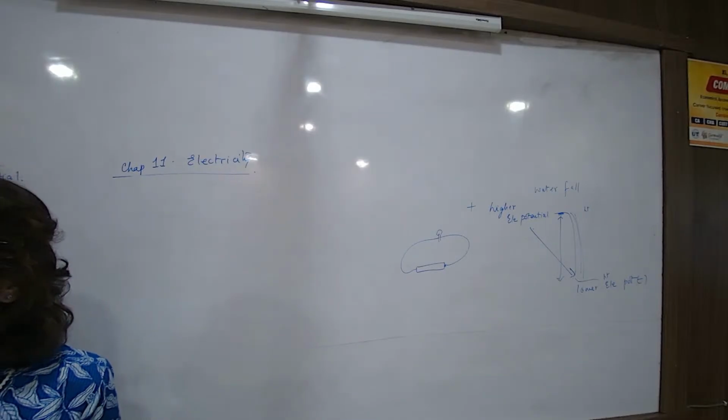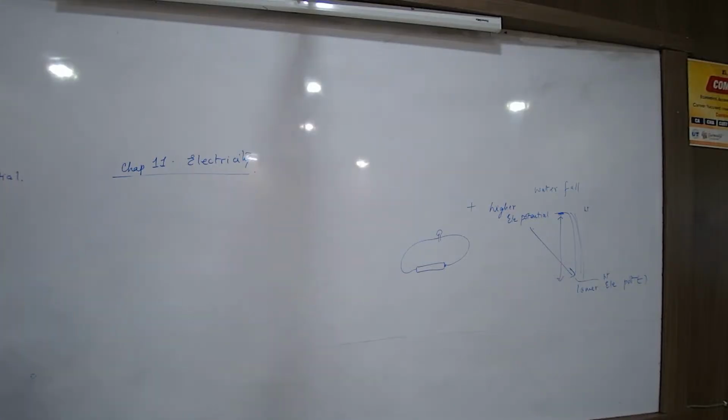C. What is silver? Ag. Au is gold. Cu is copper, C is carbon. Aluminium is Al. Okay, so all these are good conductors of electricity.